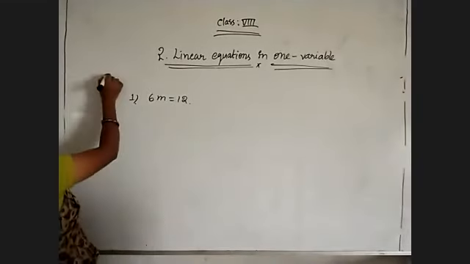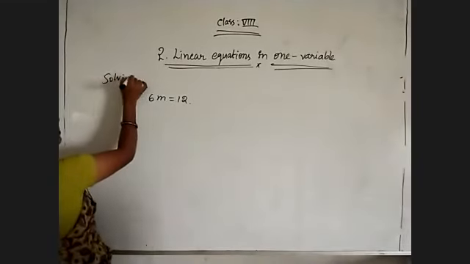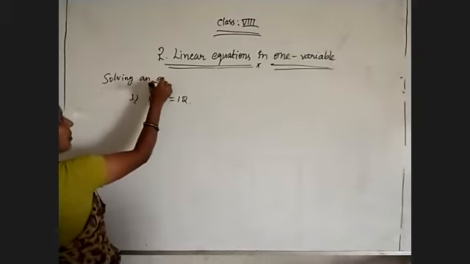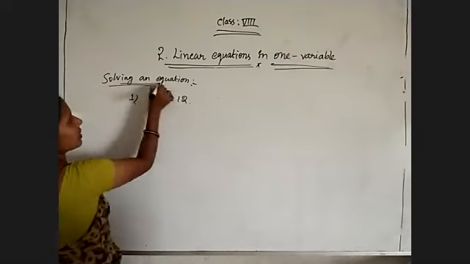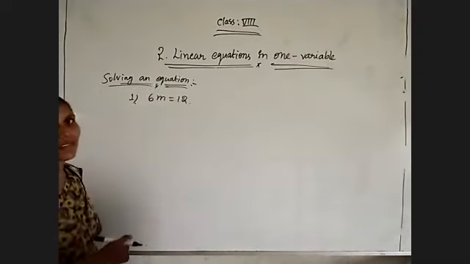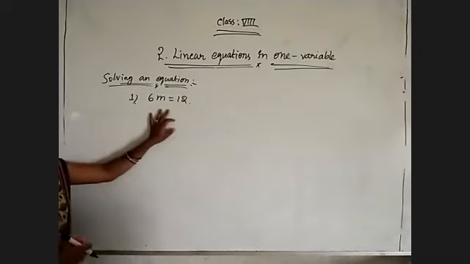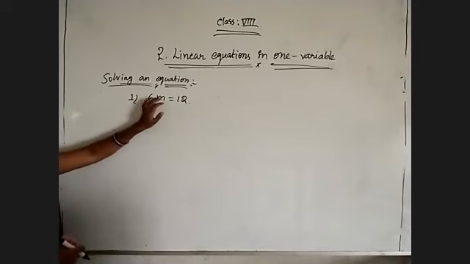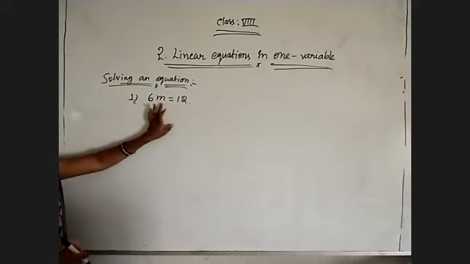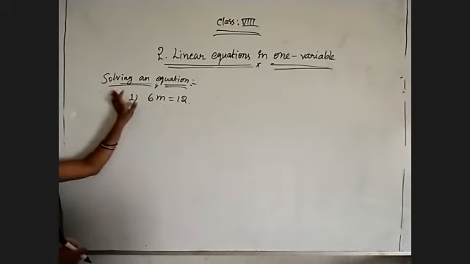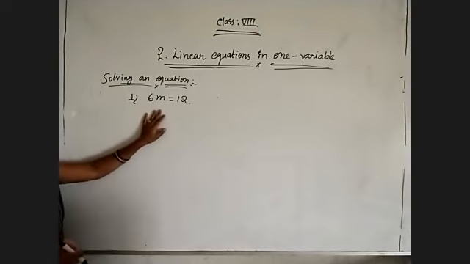Solving an equation, how to solve? Solving is nothing but finding the solution. Finding the solution is nothing but finding the root of that equation. So what is the variable in this equation? m. So what is the value of m? We need to find that. That is solving an equation, or the solution of the equation, or the root of the equation.